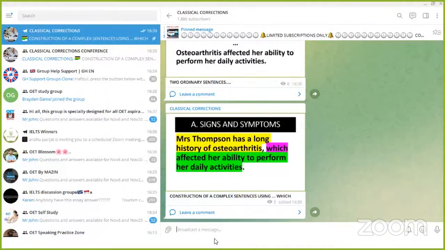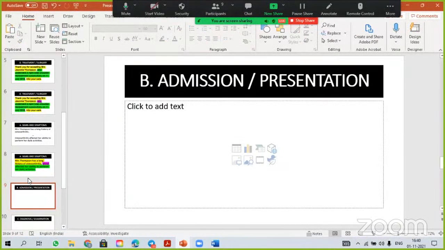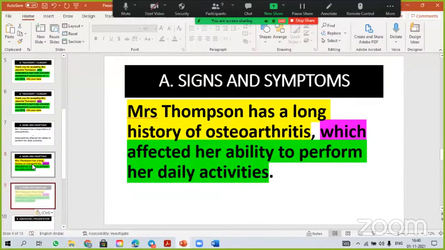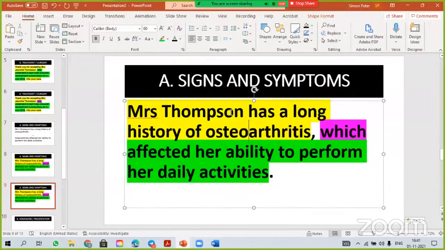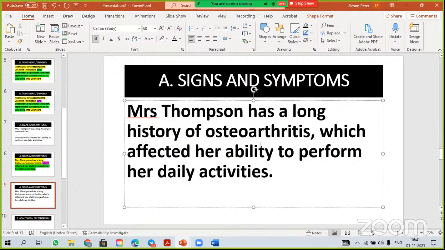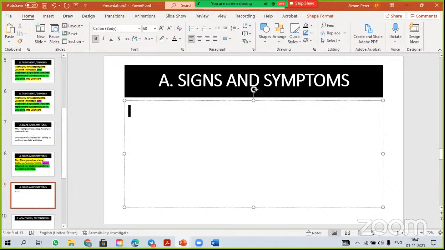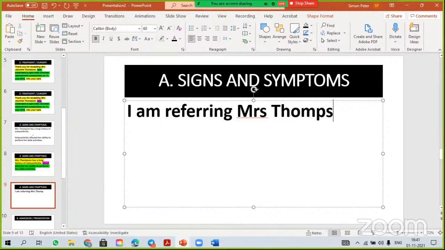So you can start with the sentence, I am referring Mrs. Thompson.